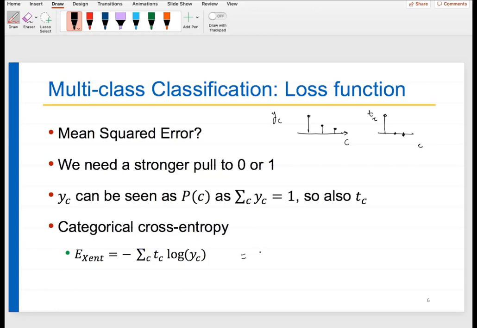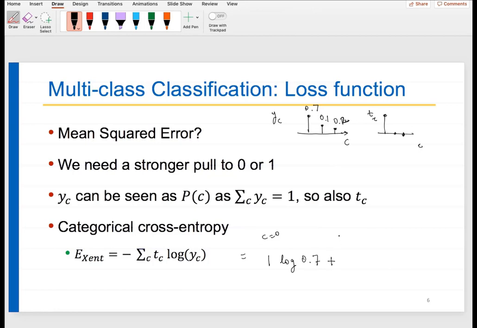So for C equal to 0, how will it look? TC is 1 and YC was 0.7, 0.1, 0.2, let's say. So what is my YC? 0.7.